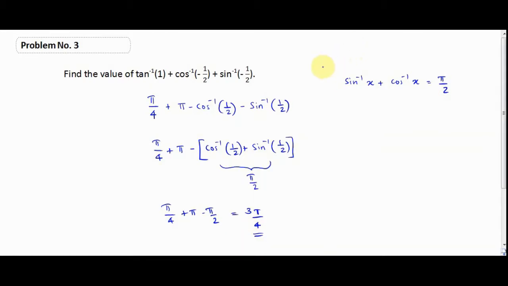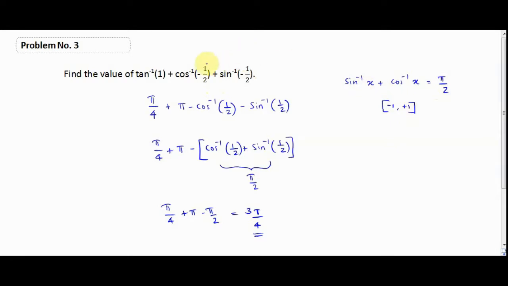Now we can also solve this problem in a single step, because sine inverse of x plus cos inverse of x equal to pi by 2. This equation is valid in the interval minus 1 to plus 1. So if the value of x falls within the range minus 1 to plus 1, this equation is valid. Here in place of x, what we have is minus 1 by 2, so that comes in between minus 1 and plus 1.